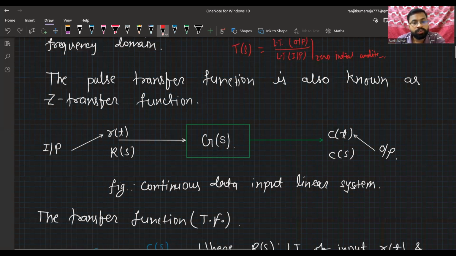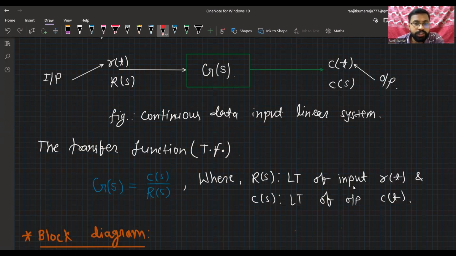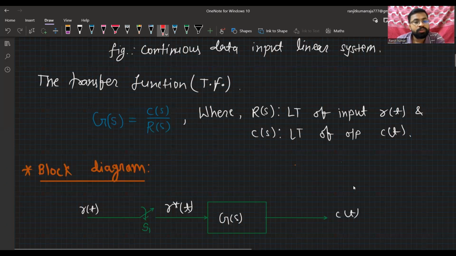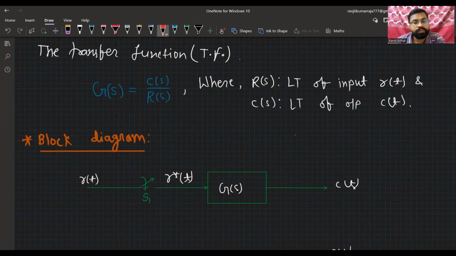Now the transfer function we have studied in control system is nothing but the Laplace transform of the output to the Laplace transform of the input, where R of S is the Laplace transform of input signal R of t, and C of S is the Laplace transform of output signal C of t. Now this is the basic block diagram, and from here we will start how we can find out the pulse transfer function.